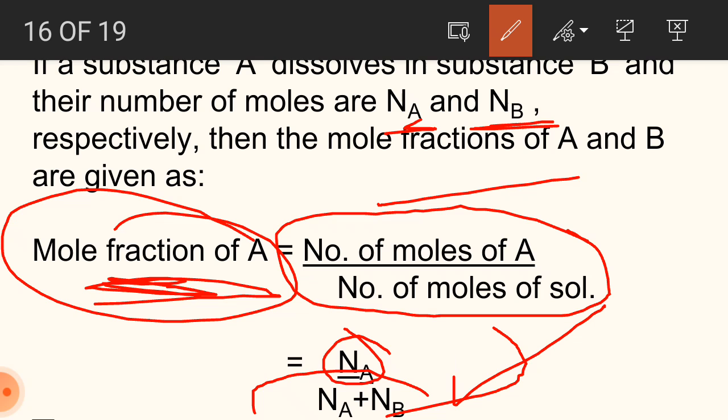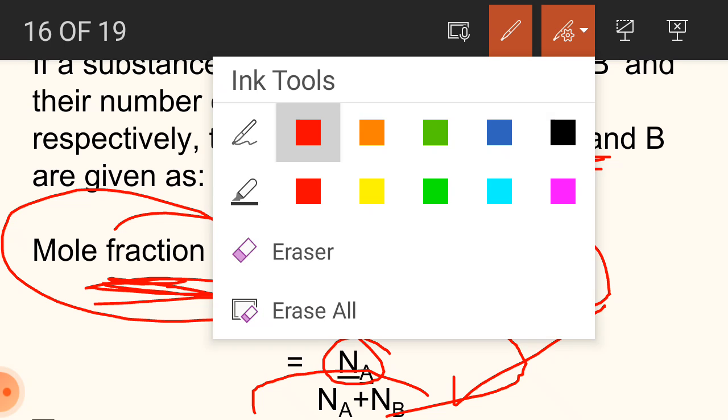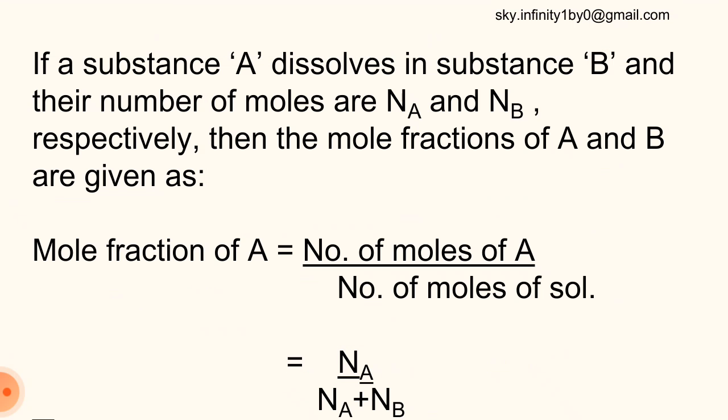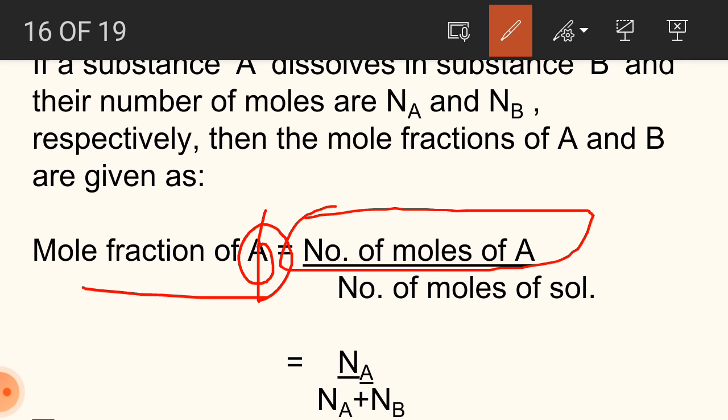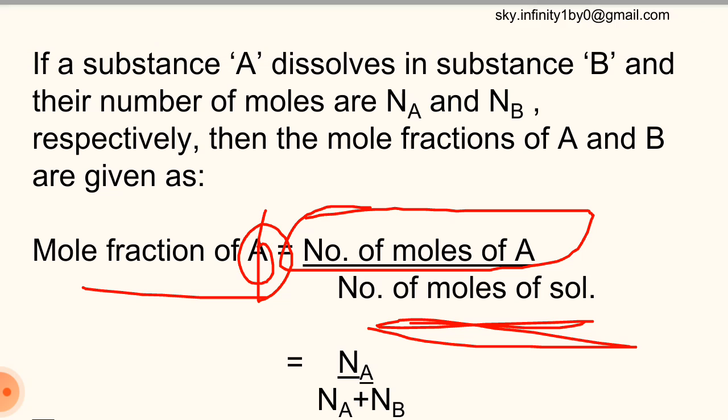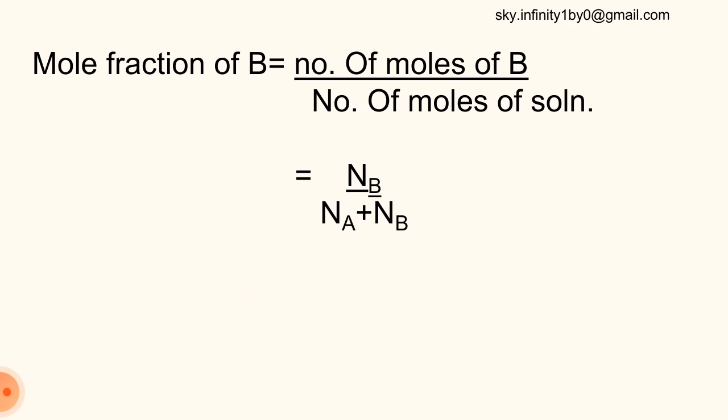By using this formula, we'll get the mole fraction of A. And to find the mole fraction of B, instead of writing A over here, we will write B: in the numerator it will be the number of moles of B, and in the denominator it will be the same number of moles of the solution. Here is the exact formula for mole fraction of B.